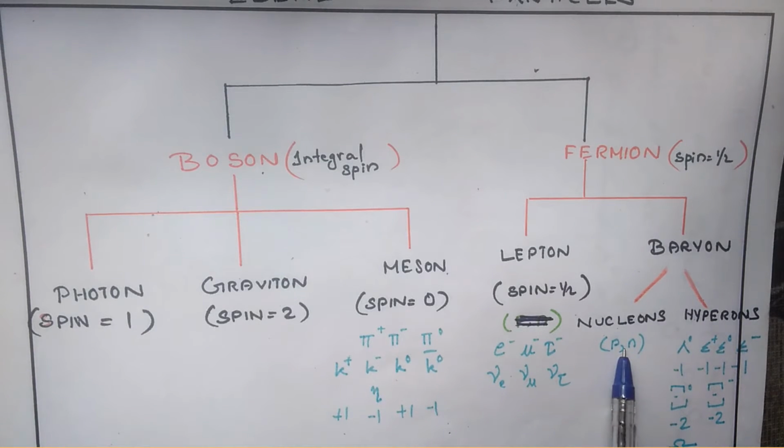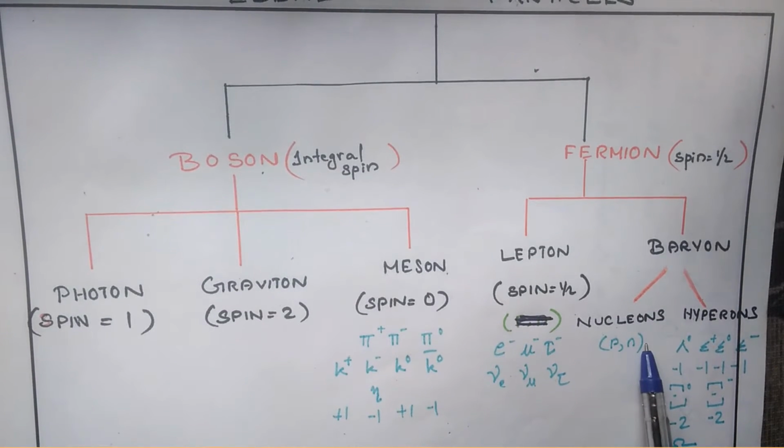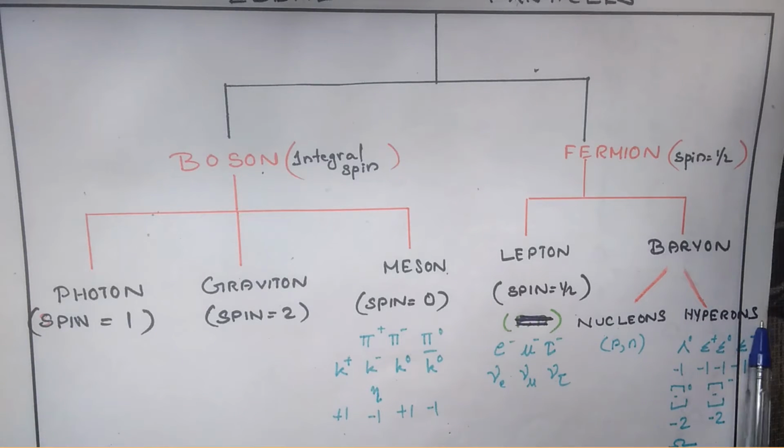For nucleon, there are two members, proton and neutron. Hyperons we have lambda 0, the sigma family, sigma plus, sigma 0, sigma minus, and then cascade 0 and cascade minus.